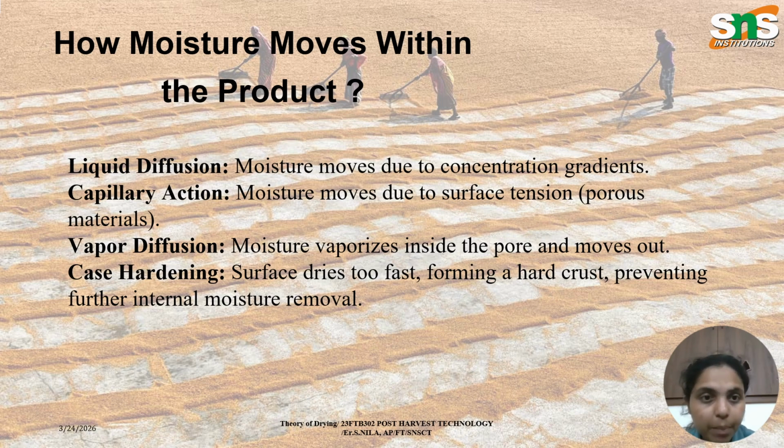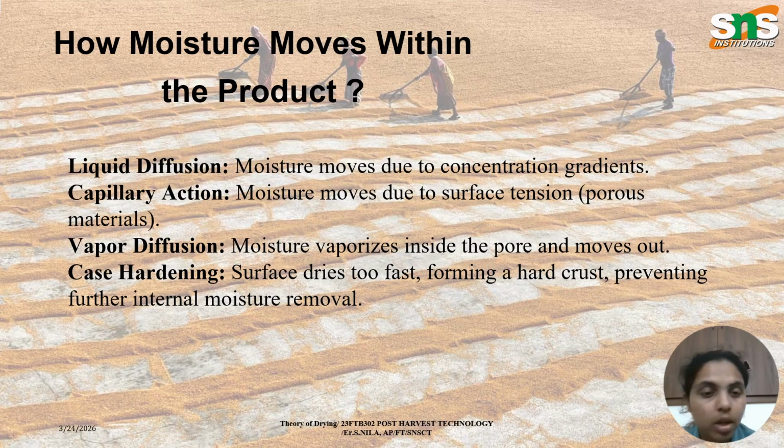Next one is vapor diffusion. It occurs through pores. So we must avoid case hardening. This happens when the surface dries too fast or forms a hard crust that traps internal moisture, so consistent drying time is necessary to avoid surface hardening. This is called case hardening.